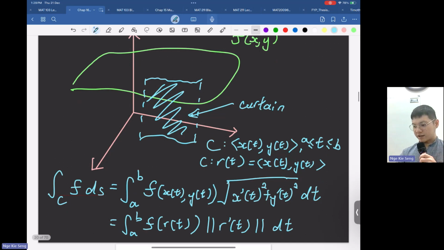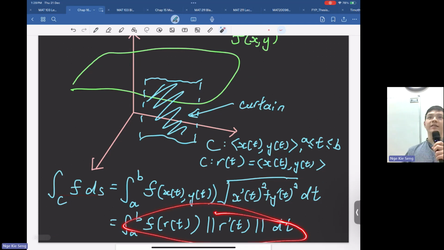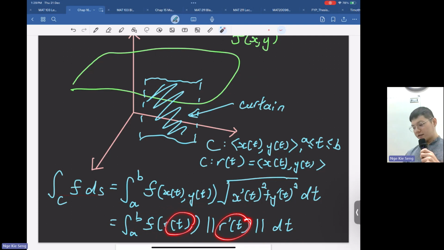The bottom one is easier because we can extend into three dimensions. I have r(t) equals (x(t), y(t), z(t)), for example.